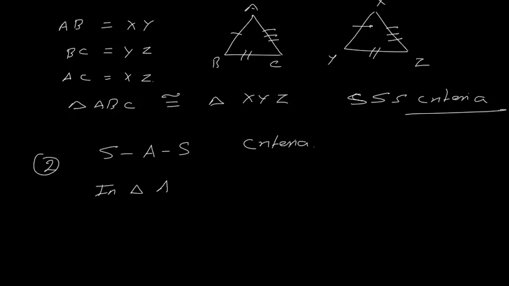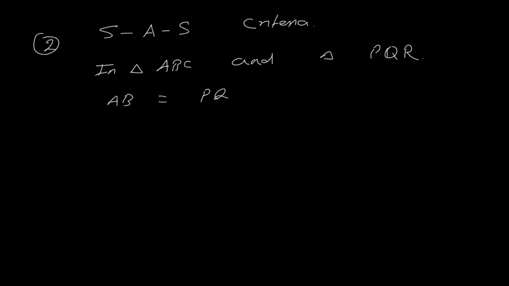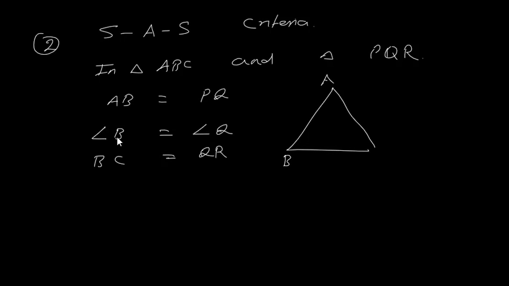Again, in triangle ABC and triangle PQR, if I have side AB equal to side PQ, then I have angle B equal to angle Q and side BC equal to QR. That means here I have triangle ABC and here I have triangle PQR.